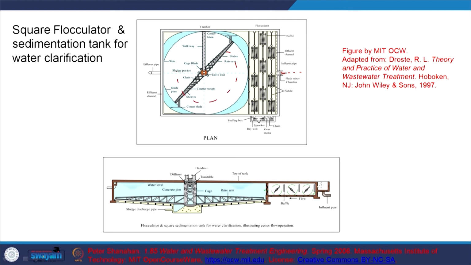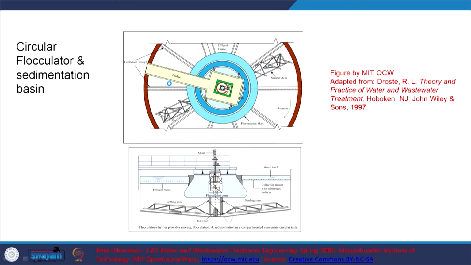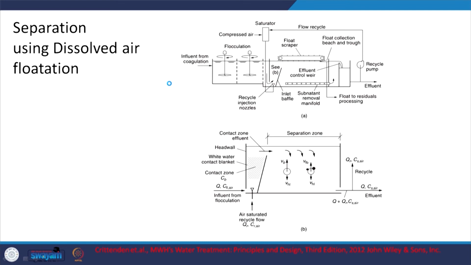From the side view you see this, and here you see the sludge hopper or sludge collection, and here again you are going to see baffles all around because you want to promote laminar flow conditions. Again, we talked about dead zones here and so on. Because of ease of maintenance, obviously people will go for circular flocculation and sedimentation basins.